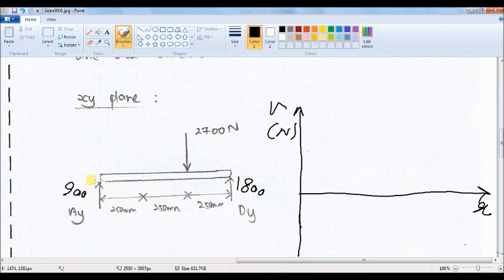At the beginning of the shaft we have 900 Newton. So we start here at 900 Newton, and we continue to the next point. Since there isn't any other load here, again we can continue up to the next point.